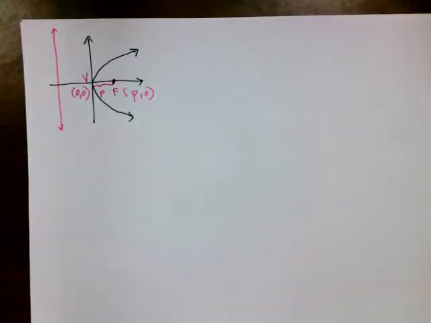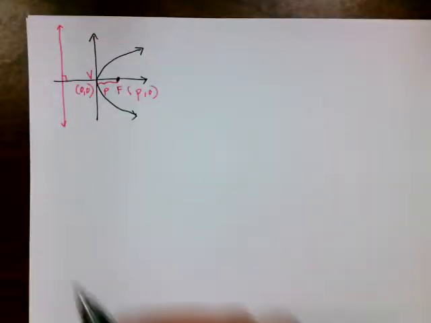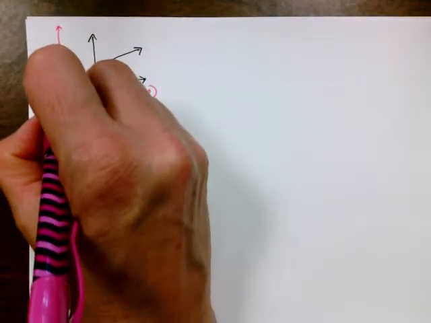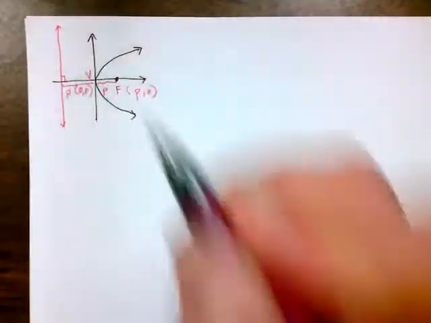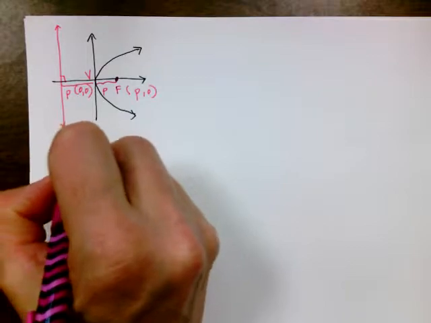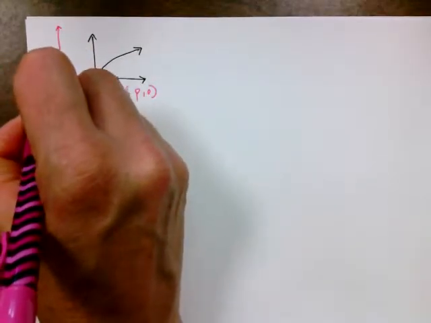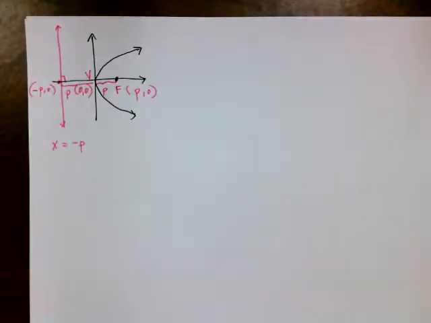Okay? Because remember that the directrix is always going to be perpendicular to the axis of symmetry. So this distance, I'm kind of running out of room, is also p. Okay? So this equation is going to be x is equal to a negative p because it goes through the point negative p, 0. Right? So let me write the equation.